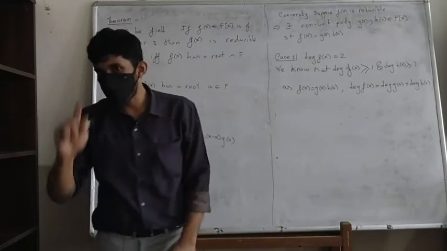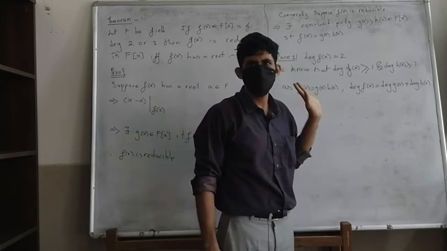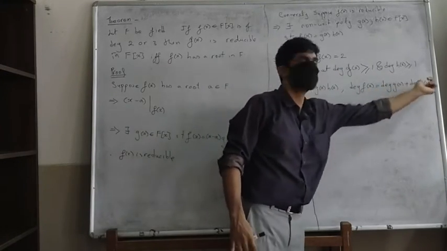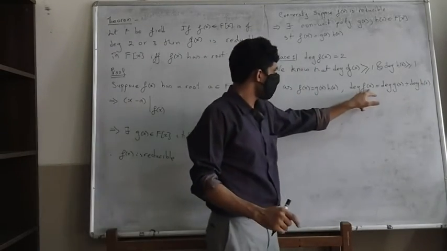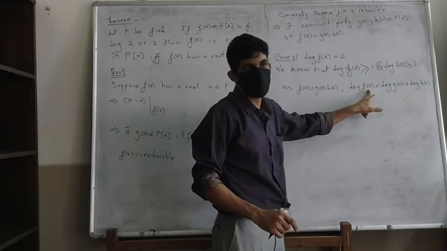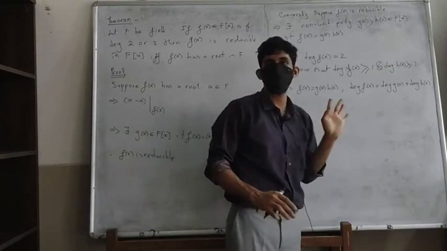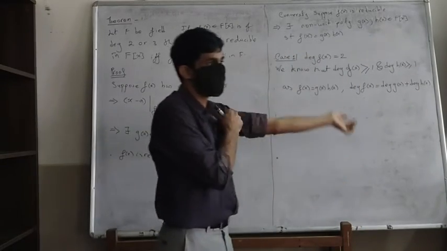So there is only one choice, because neither can be strictly greater than 1. This means that both degrees are 1. There's only one way of getting 2, because both are greater than or equal to 1. If either of them is strictly greater than 1, the right hand side will be strictly greater than 2.